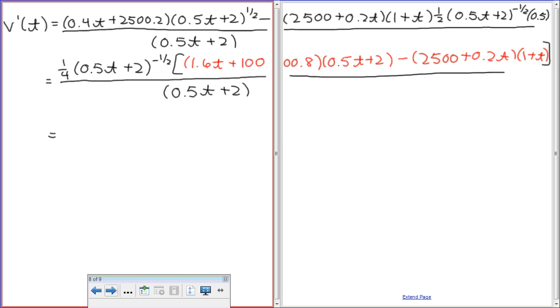Now, just back to why we actually did this in the first place. All of this fraction stuff is going to the denominator, right? So this is going to the denominator, and that's going to the denominator, which is good.